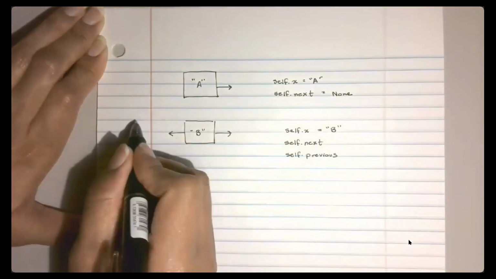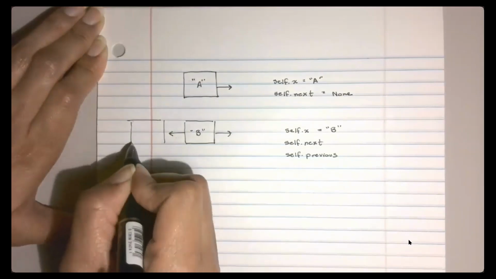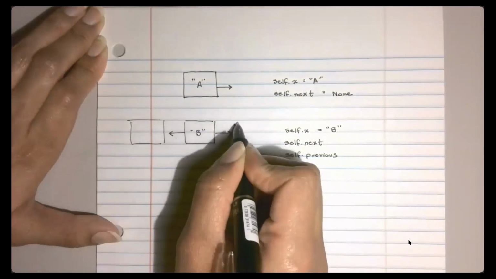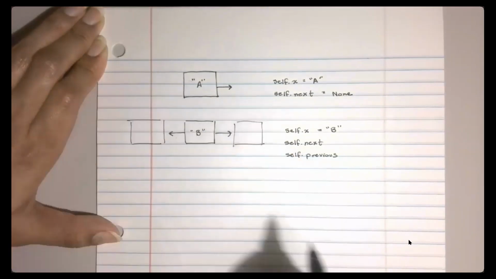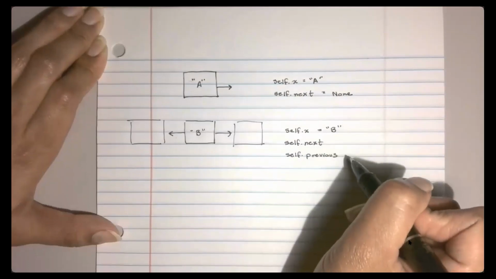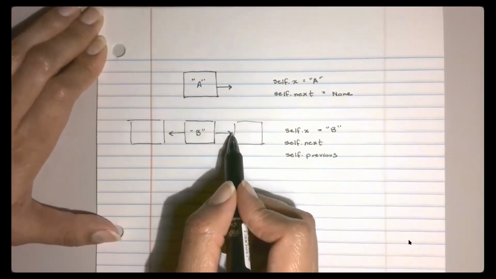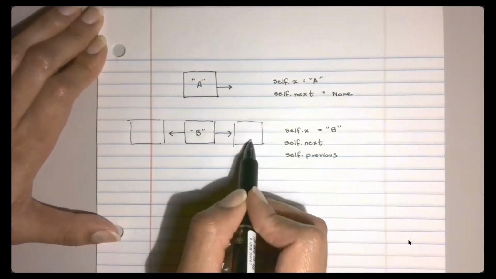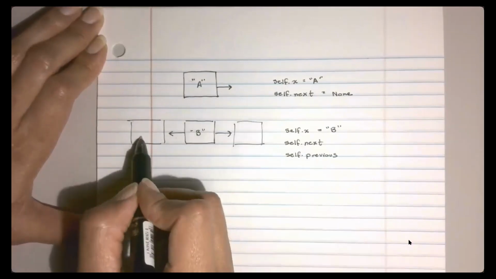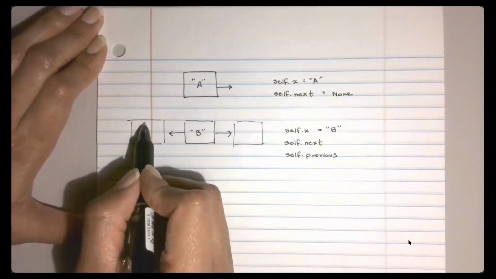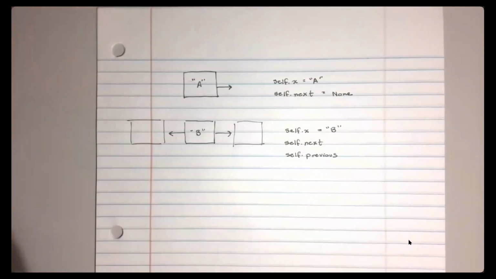And in this case, let's say that we actually do have another node. Well, in that case, in the case of self.next, it would be holding the address of this node, and self.previous would be holding the address of this node. So that's the main difference in terms of the attributes of the nodes in each type of list.